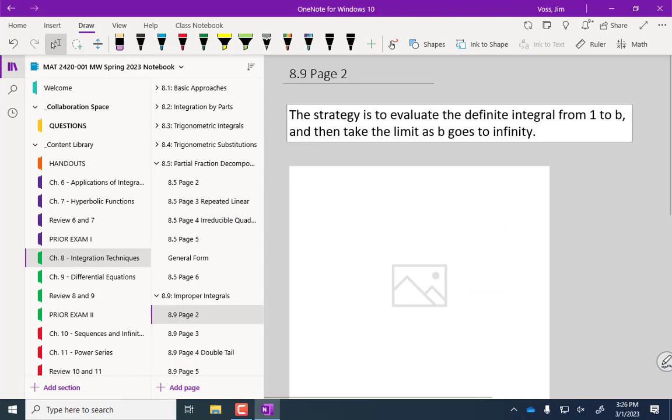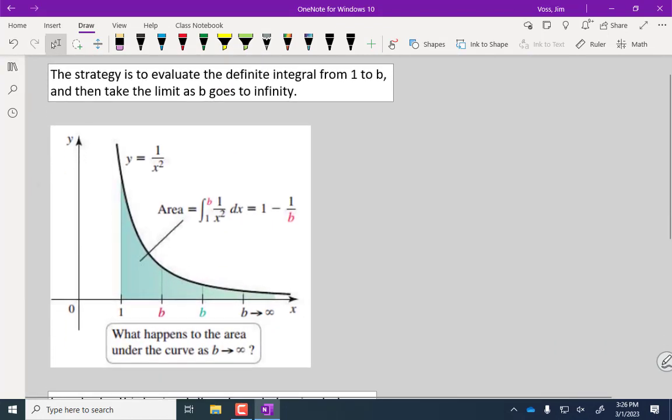Okay. So let's look at this first one. Here, they're conceptually showing us that, let's just imagine the B is right there. So if we imagine the B is right there, we're just imagining all these rectangles right up to the B. But then if we let the B creep out to the right a little bit, then we're adding some more rectangles and we're getting closer to the true area.